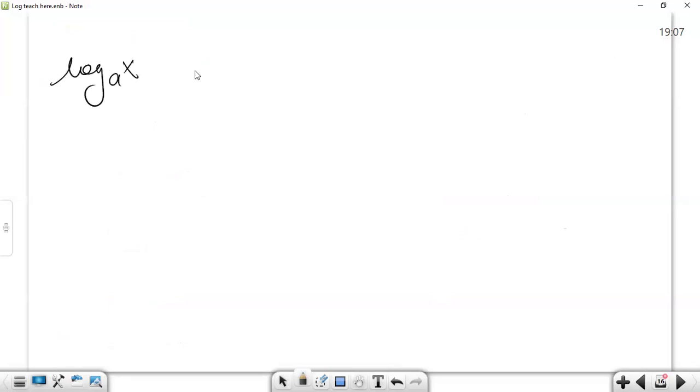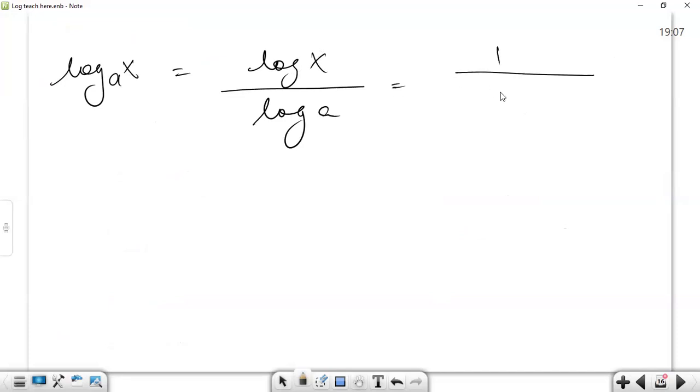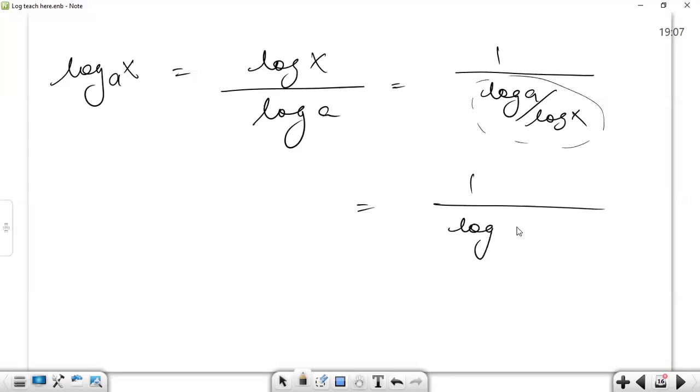Logarithm of x to the base a. How can we write it as logarithm of x divided by logarithm of a? Correct? We can also write it as logarithm of a divided by logarithm of x. So we can write this as logarithm of a to the base x.